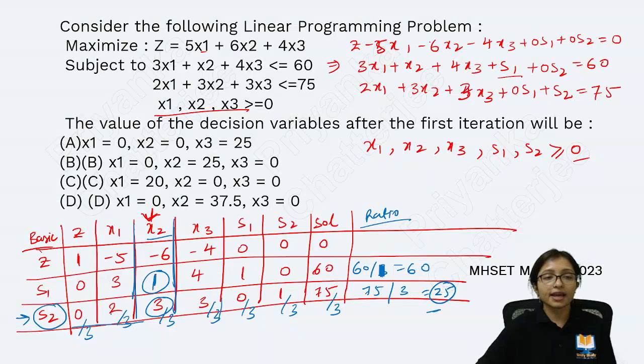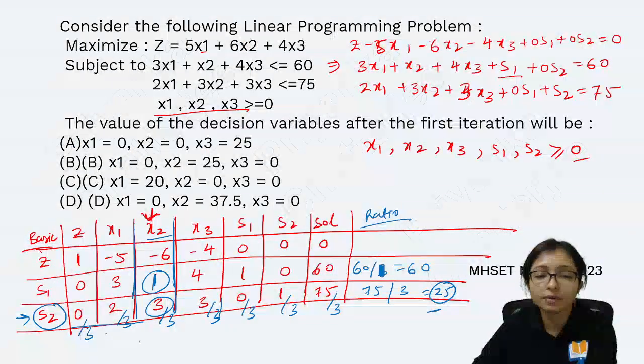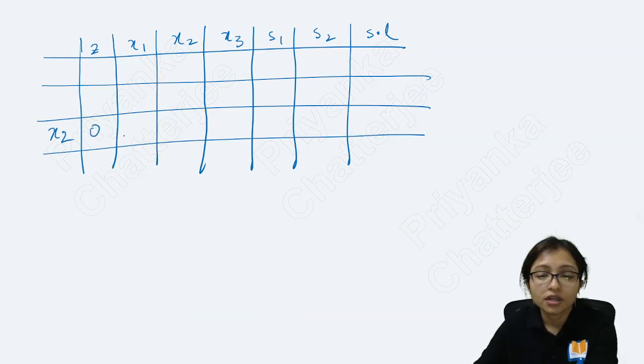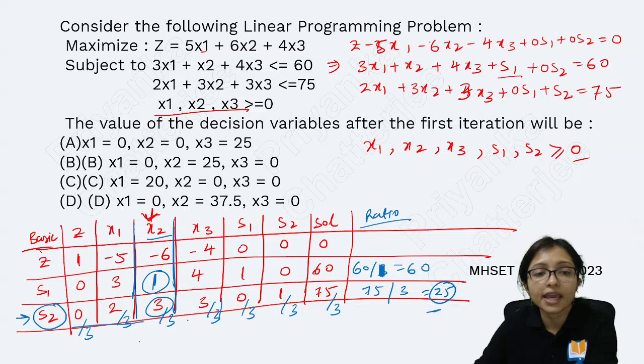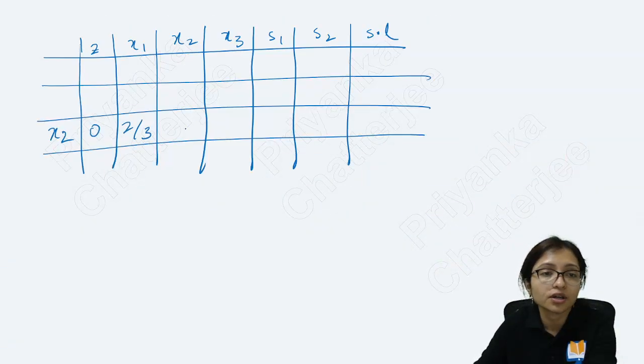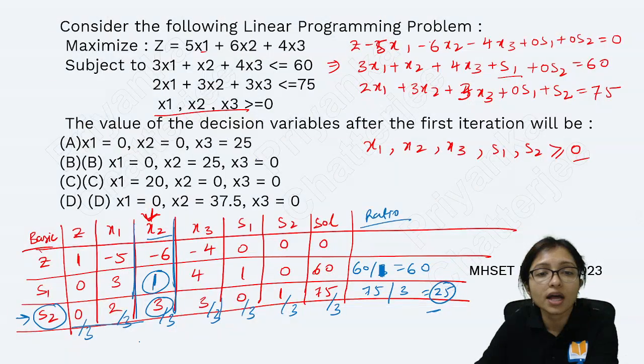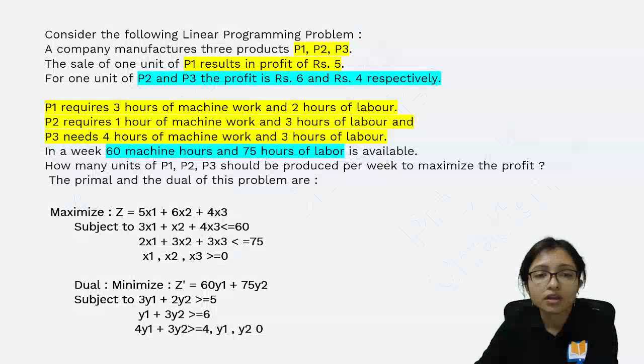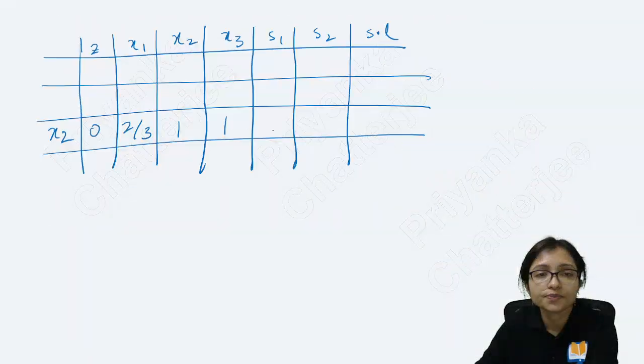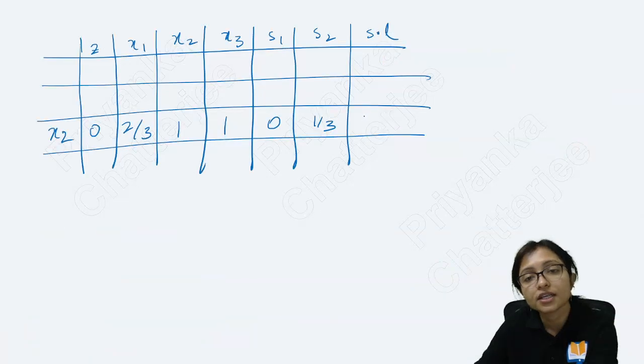So just see that here 0 divided by 3, what will be my value? That is 0. Then 2 divided by 3, x2 I got 3 divided by 3, that is 1, x3 will also be 1, s1 is 0, then s2 will be 1 by 3, and the solution is 25.